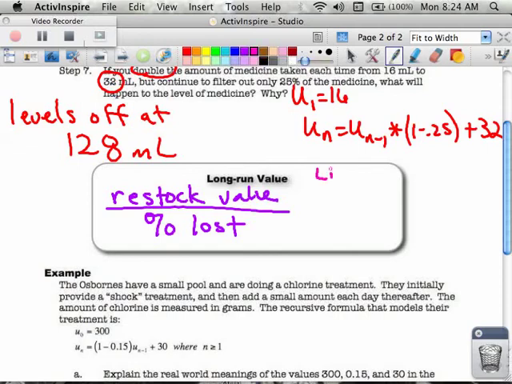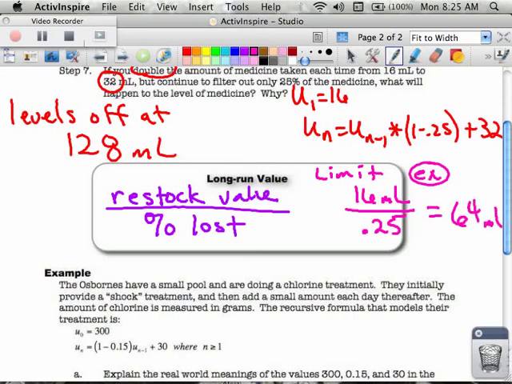So your limit, in our particular case, was the 16 milliliters divided by 25%, since I was losing 25% each day. And that gave me an end result of 64 milliliters.